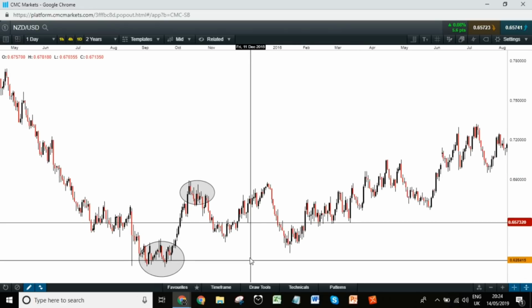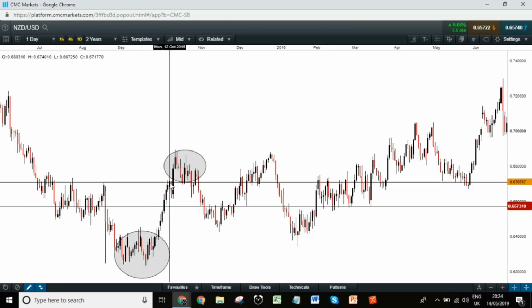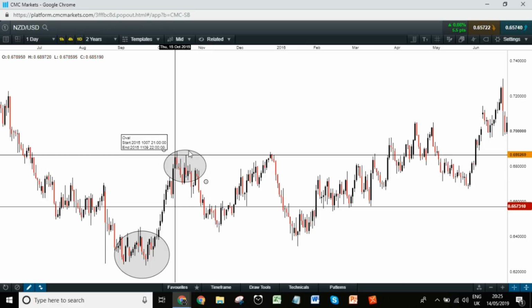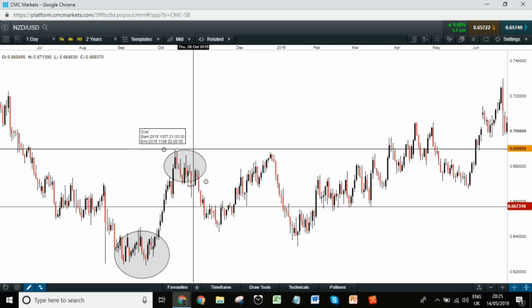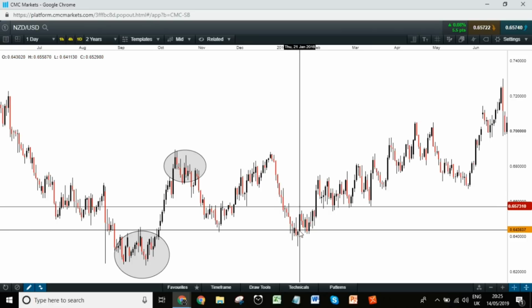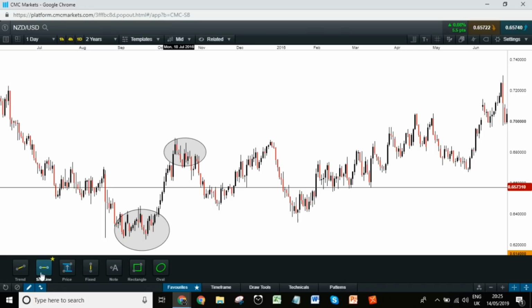So let's just take a look. First of all, we've got this drop base rally, then we have a rally base drop. The market then decides to come back to this area at this rally base drop, and then the market proceeds to fall drastically. Let's just mark that off just so we can clearly see it.